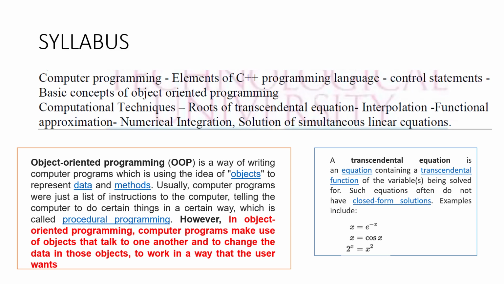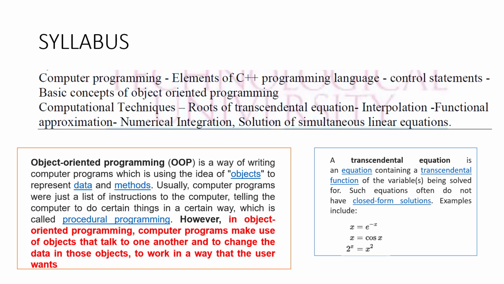In this kind of program, the computer programs make use of objects that talk to one another, and they change the data in those objects to work in a way that the user wants.